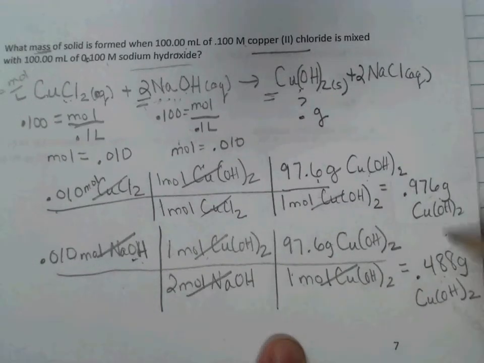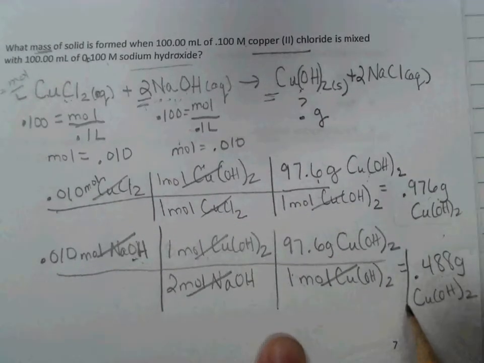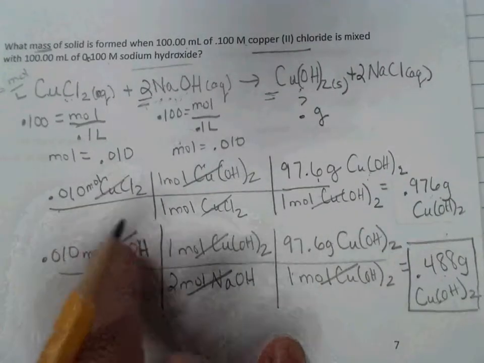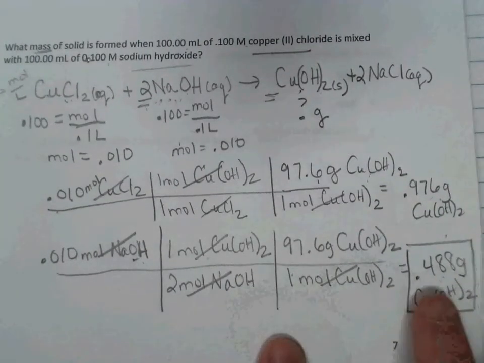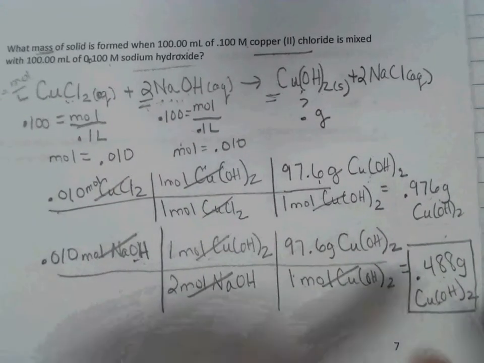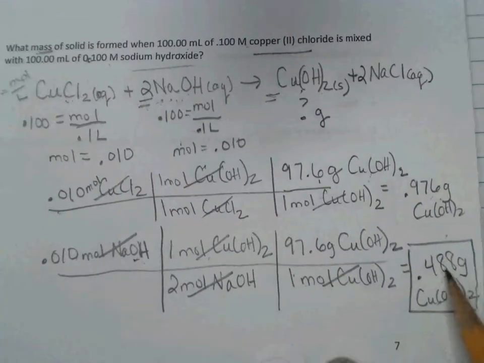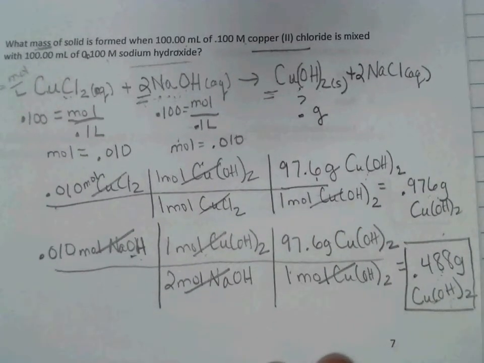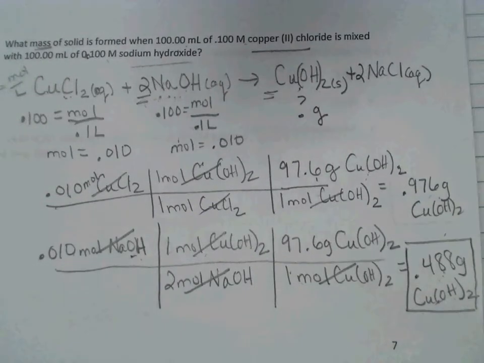No. So that's why I had to do this limiting reactant style here, because I can't produce any more than what I'm being limited by. I'm being limited by my sodium hydroxide. So if it wants to know the mass of the solid formed, that's how I would get there. Mass in grams, right? And there's my solid.